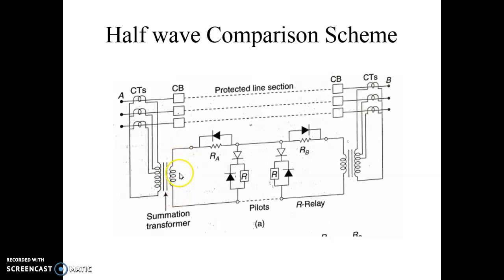Because of this slightly negative voltage at the A side, the relay doesn't operate.